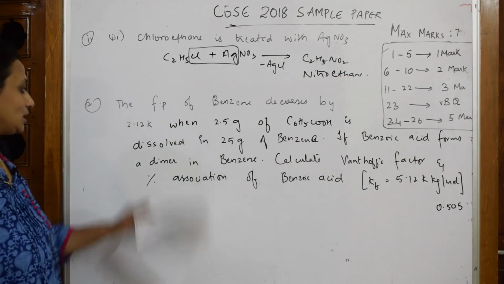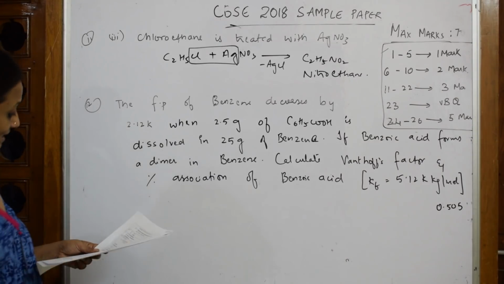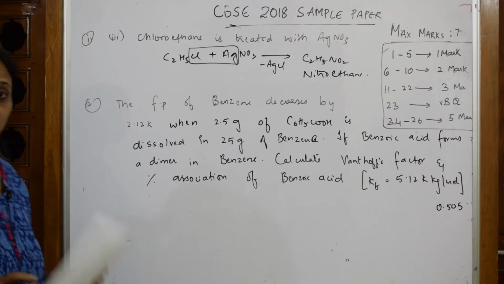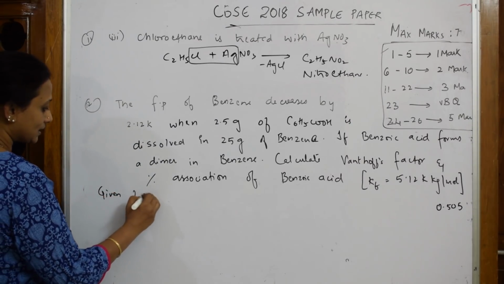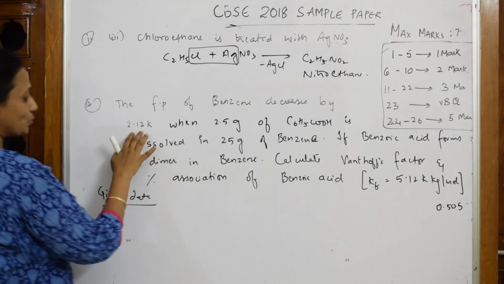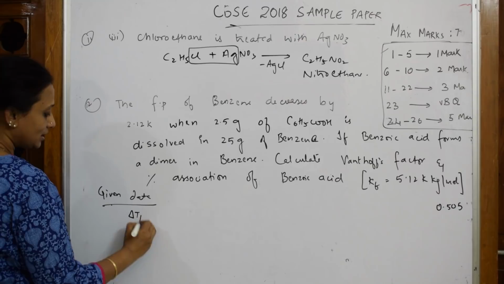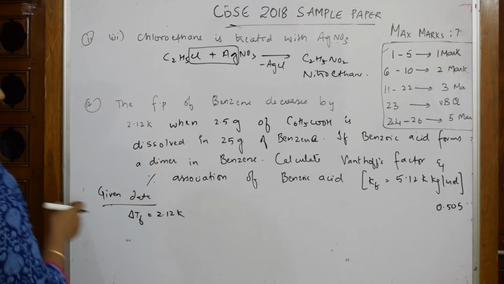Simple. Right. Now here they've given one question. So you're supposed to write, what did they ask me? Okay, let us write what data is given to us first. So in the given data, the freezing point of benzoic acid decreases by 2.12. Delta Tf is given to me, that is 2.12 Kelvin. Right, now what is given to you next?